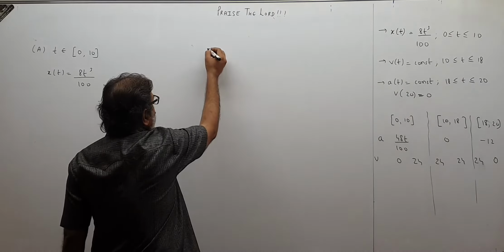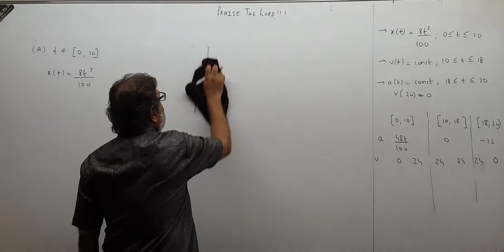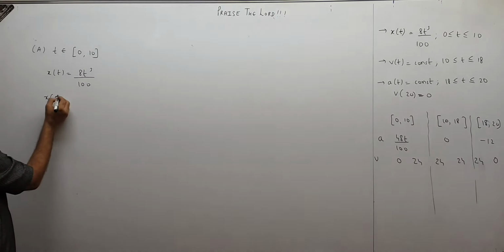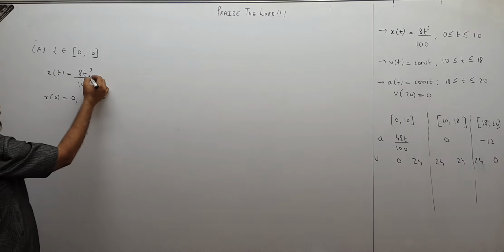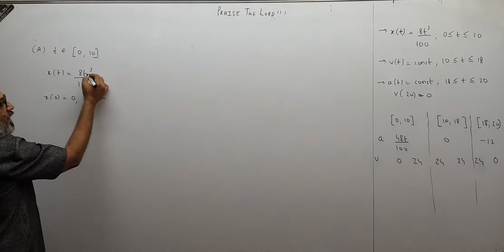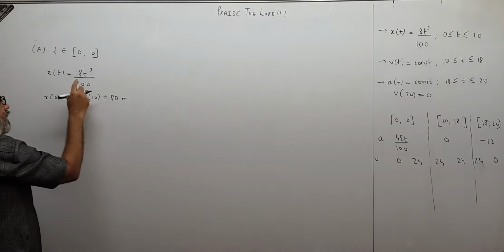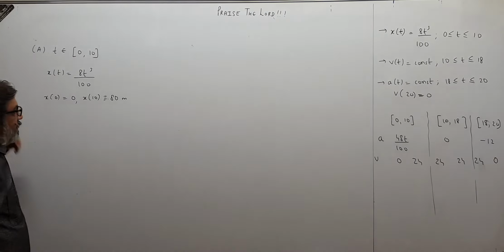So please understand, I'll come to the graph later on. First let me get the values. For 0 time, the position will be 0, and for 10 time, 10 cube upon 100, so it will become 80 meter. Okay, so 8 into 1000 upon 100, 8000 upon 100, it will be 80 meter.